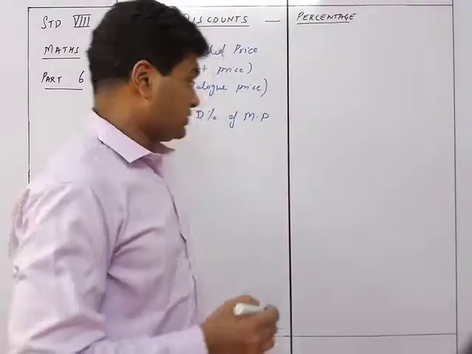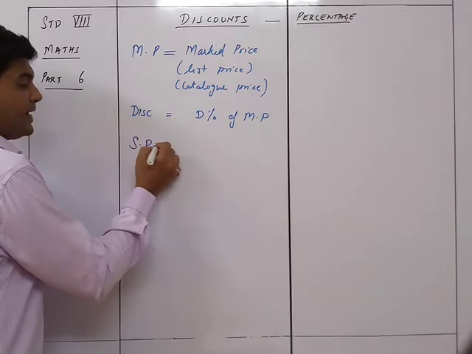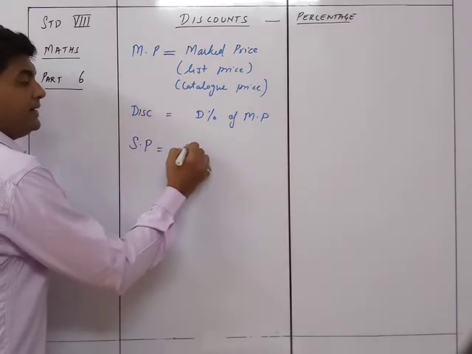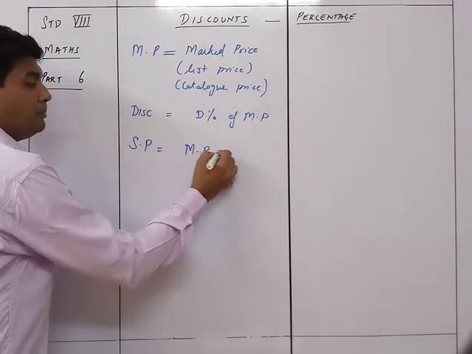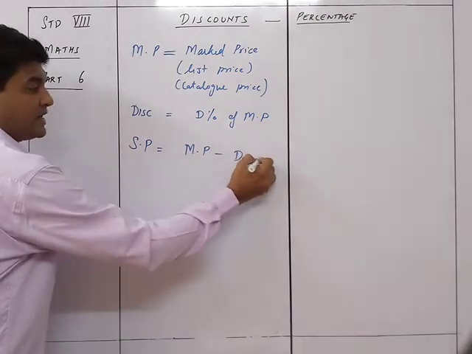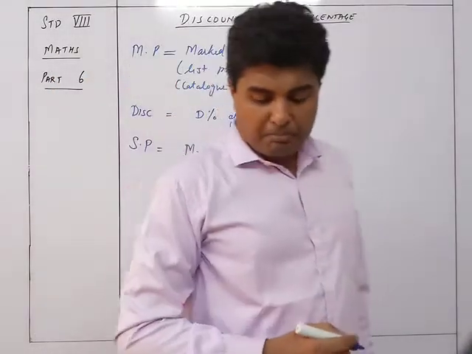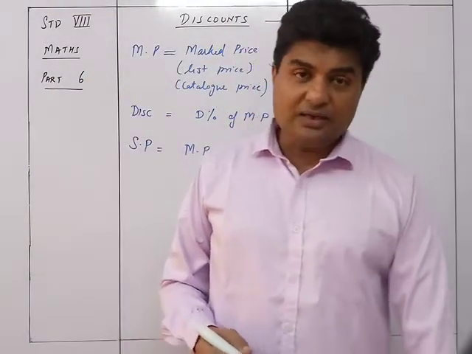So the discount amount is this much, and accordingly we will have the selling price. The selling price will be equal to mark price minus the discount. So mark price minus discount is going to be the selling price of the article.